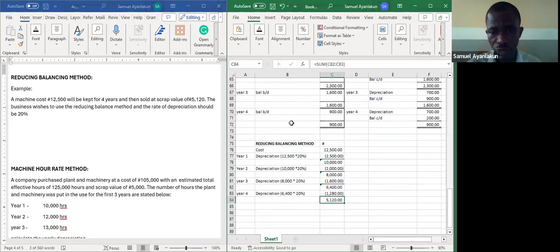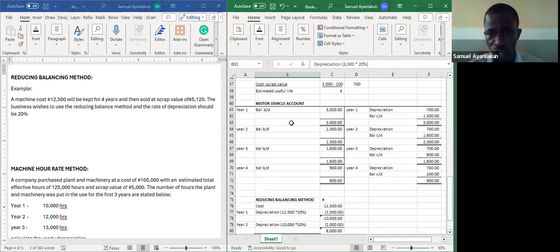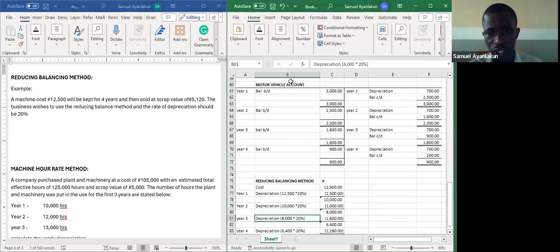As we've done this, you come straight to your machine account and prepare the same thing. As at year one, the cost of it was 12,550, and the depreciation is there, which you add here. Then the balancing figure, and that's how you post. This is how you do the account for the machine.